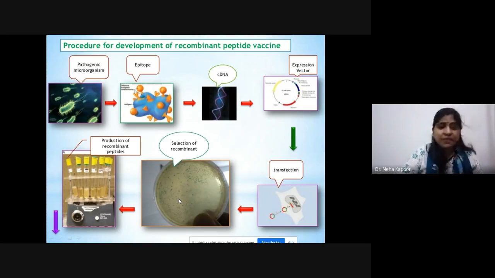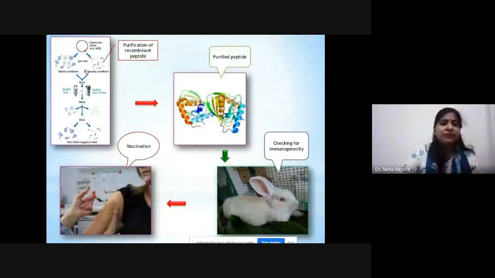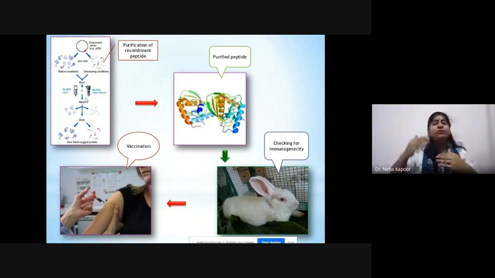After that, the recombinant selection would be done, and once the recombinant cell, that means the bacterial cell expressing the antigenic determinant, is selected, then that recombinant peptide would be produced in large amounts in the lab. After that, the purification of the recombinant peptide could be done by using many downstream processes. For example, isolation of total protein content, then purification with chromatographic techniques, structure prediction. After that, you have got the purified peptide.